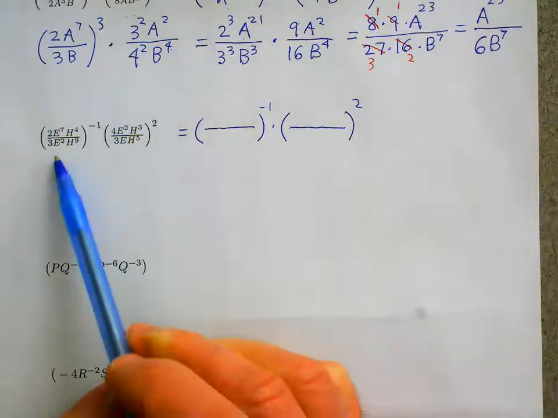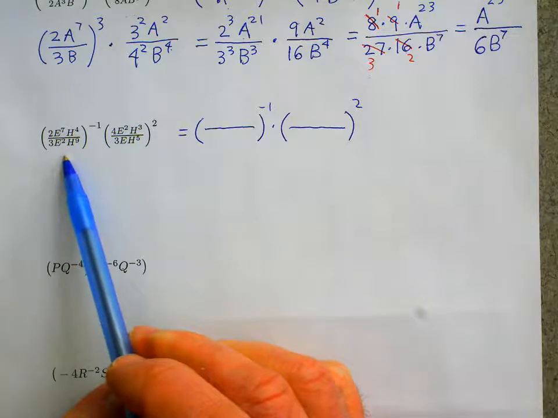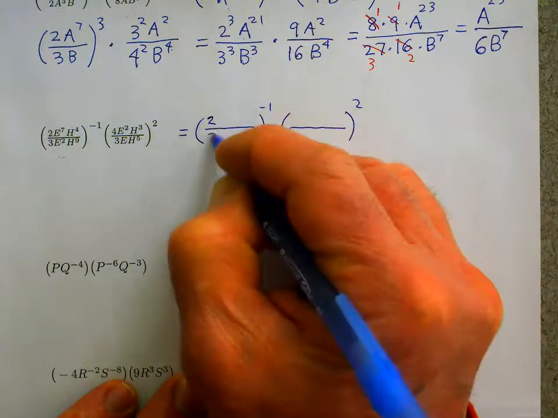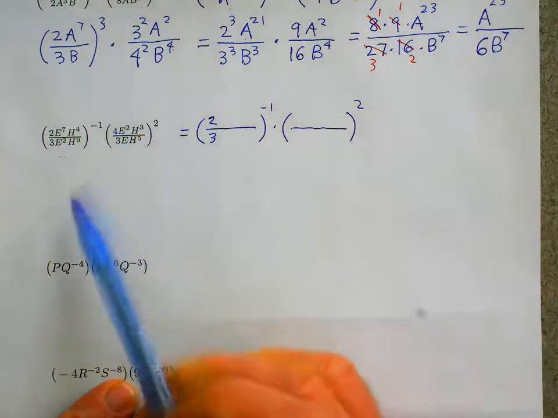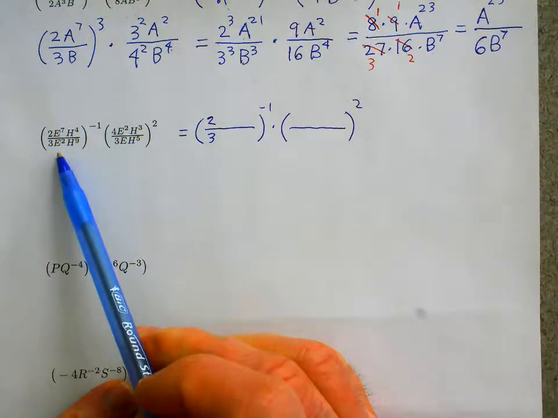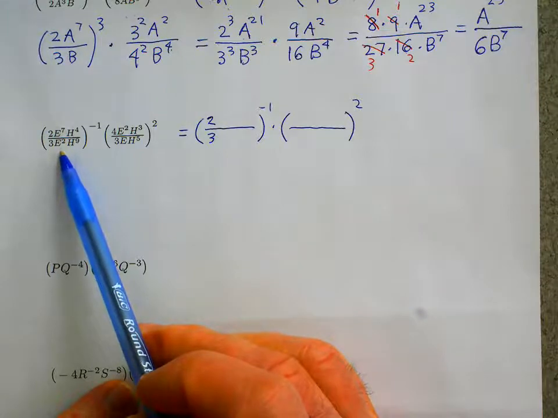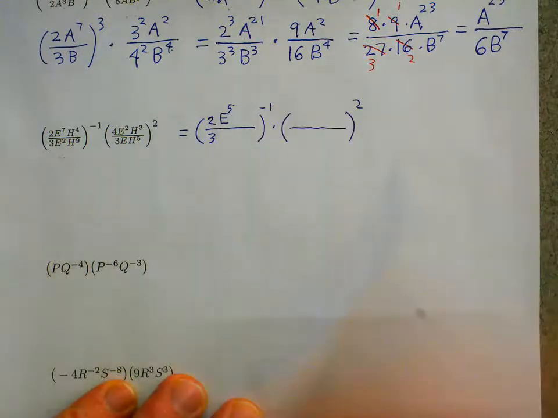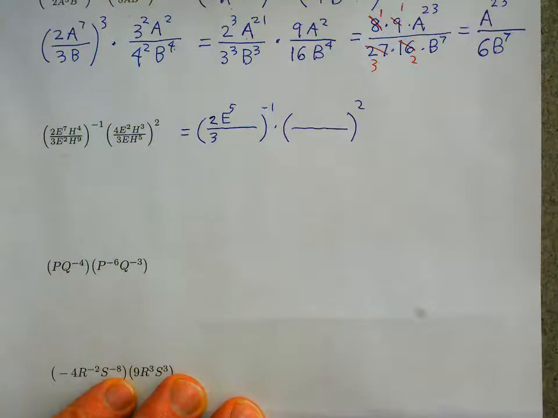So inside the set of parentheses on the left, 2 divided by 3 cannot be written in lower terms. E to the 7th divided by e to the 2nd is e to the 5th in the numerator, e to the 7 minus 2.